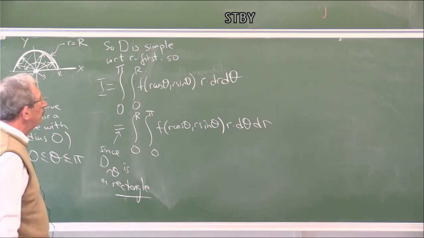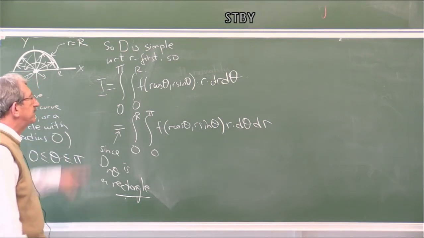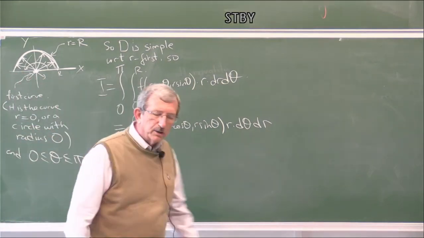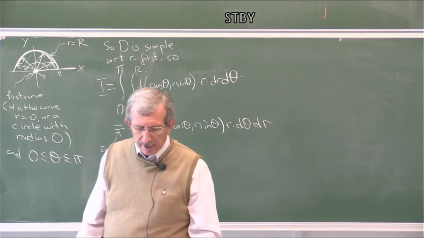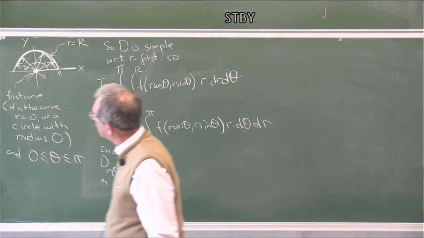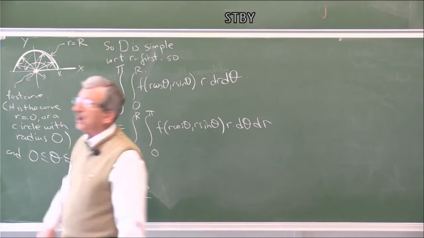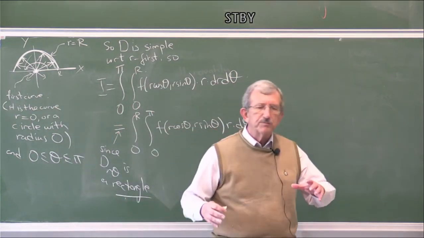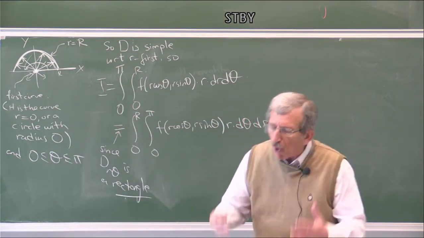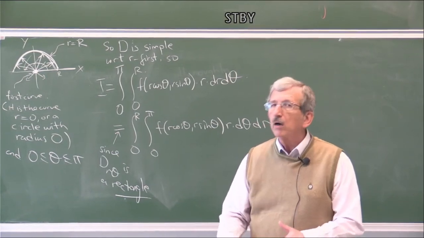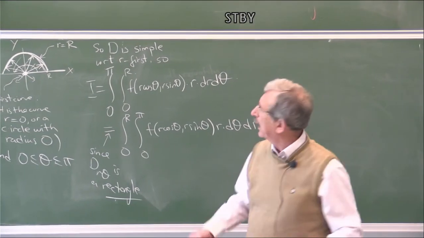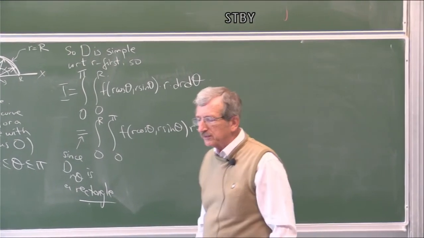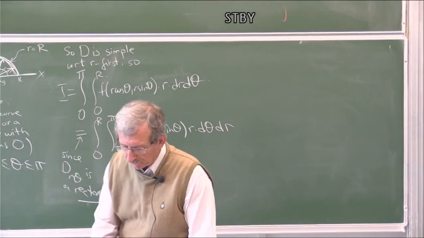You don't have other variables in it, just constants everywhere. So this is indeed a region, in the xy system, which is simple both with respect to r or θ first. And we wrote iterated integrals accordingly.